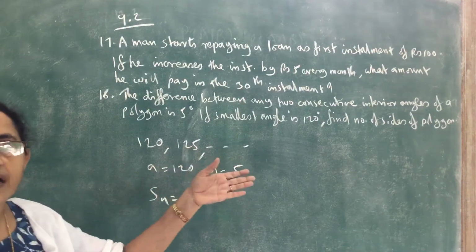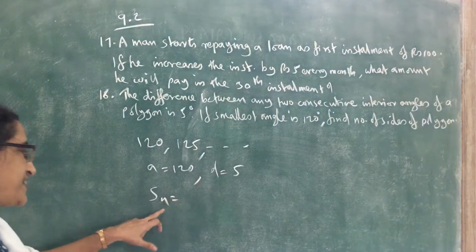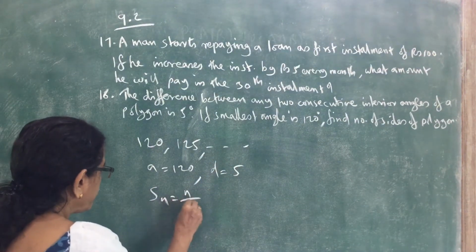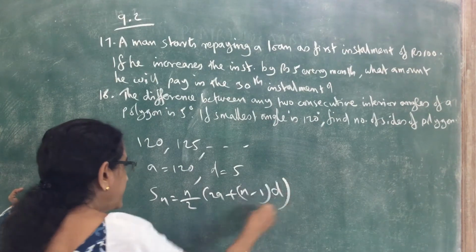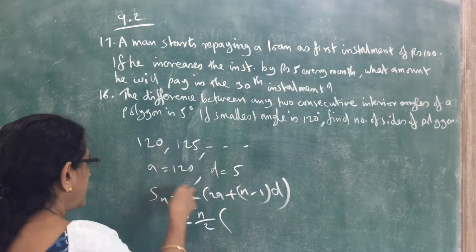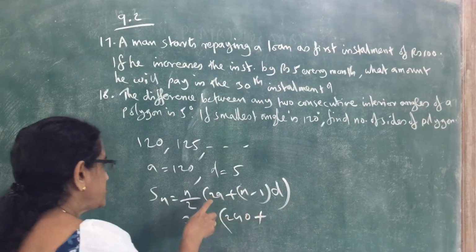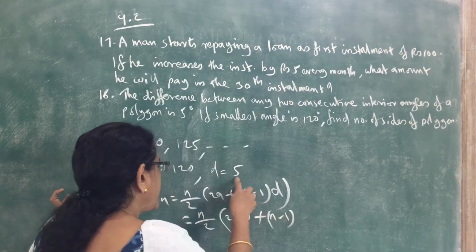Sn equals n by 2 into 2a plus n minus 1 into d. Here 2a is 240, plus n minus 1 into 5.